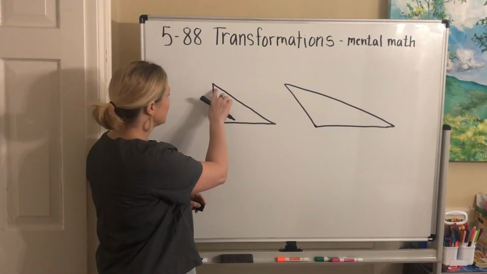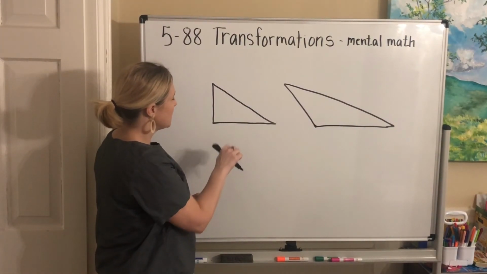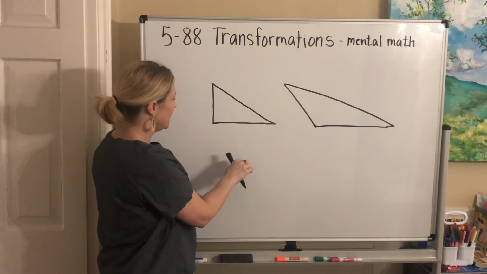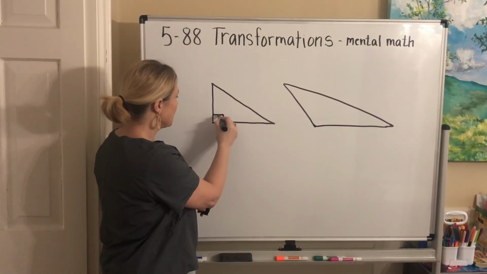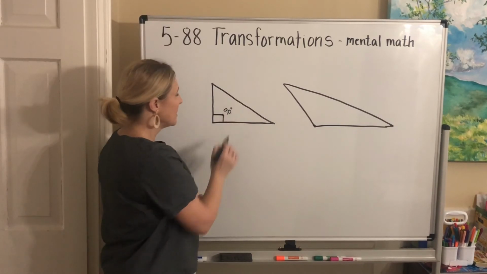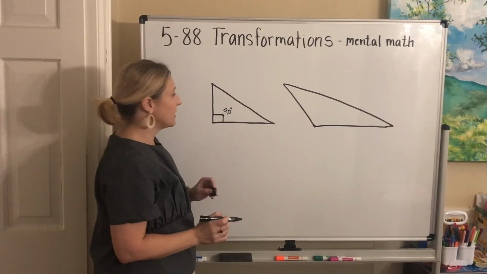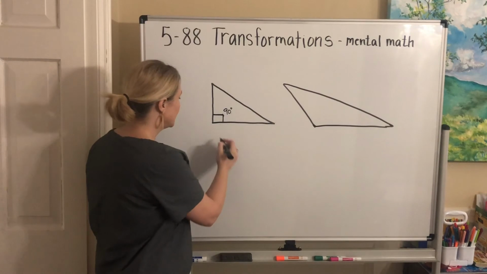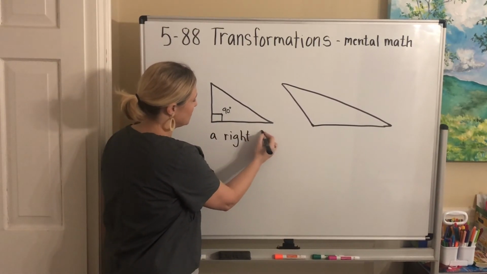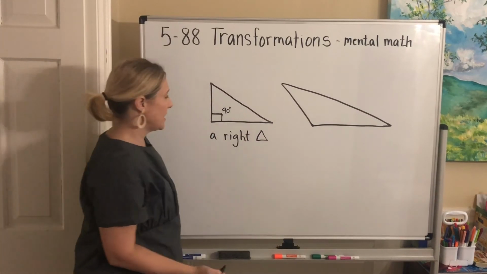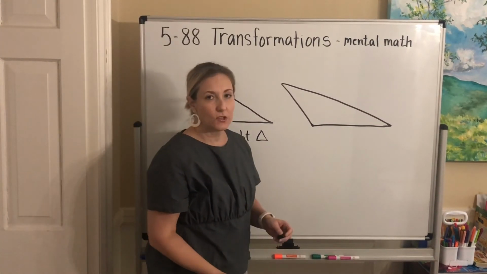This one is less than 90 degrees, less than a right angle, so it's acute. This, however, says that it's 90 degrees, so this is a right angle. That's clearly our largest angle. So what kind of triangle is this? A right triangle.